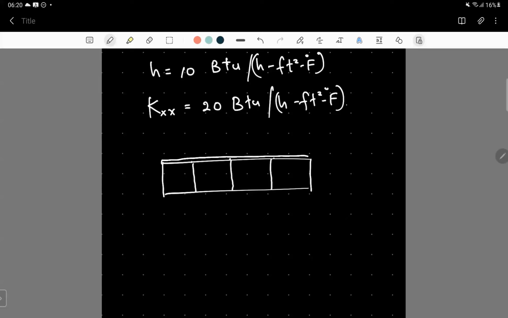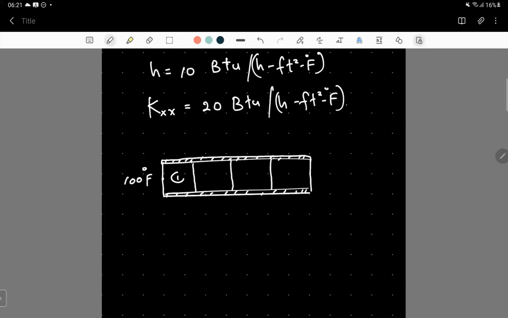We had to divide the total element into a certain number of nodes, and of course a certain number of resulting elements. So the periphery is insulated, the right hand end is exposed to the free stream, and at the left hand end, let's assume a fixed temperature of 10 Fahrenheit.